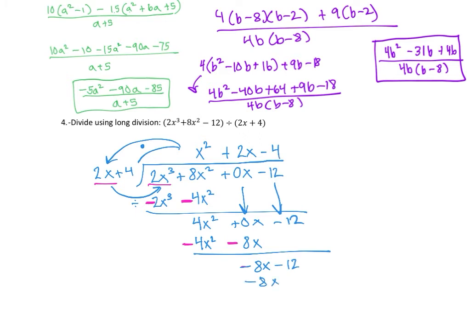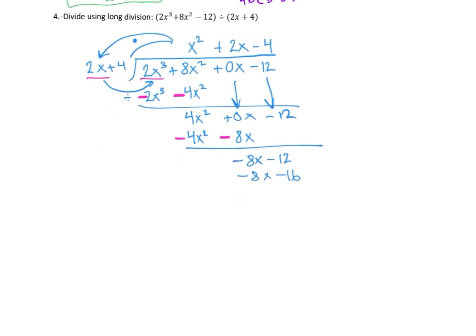Multiply. Change each thing's sign. We get negative 12 plus 16 is 4.